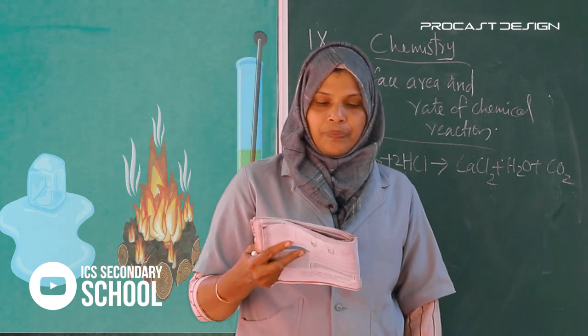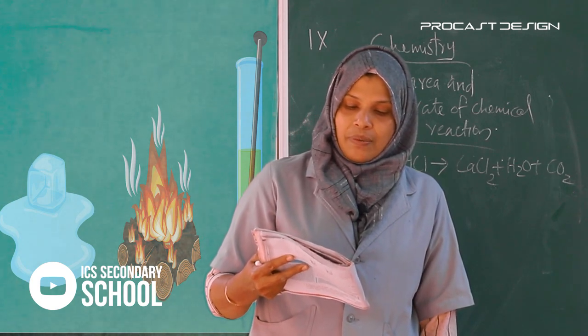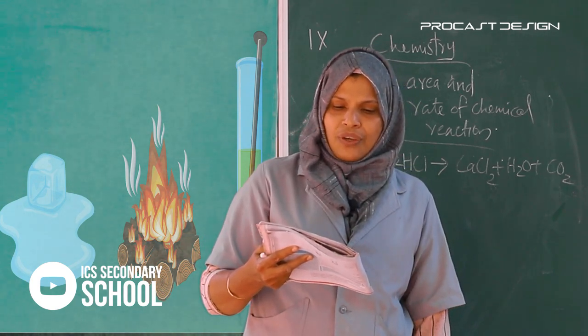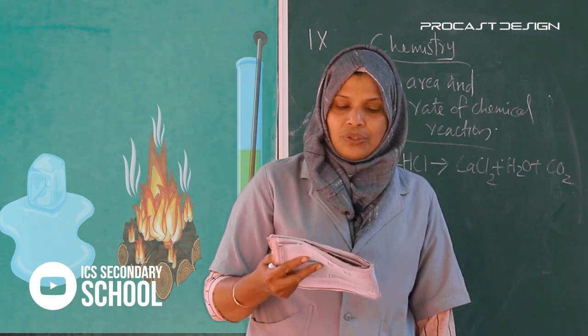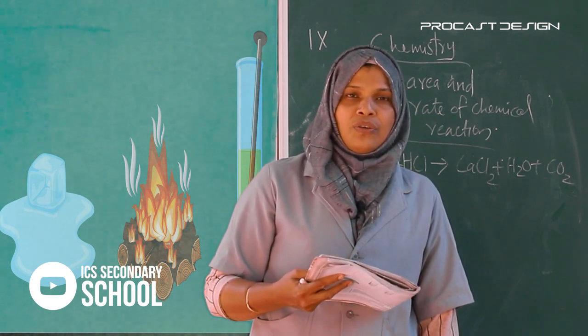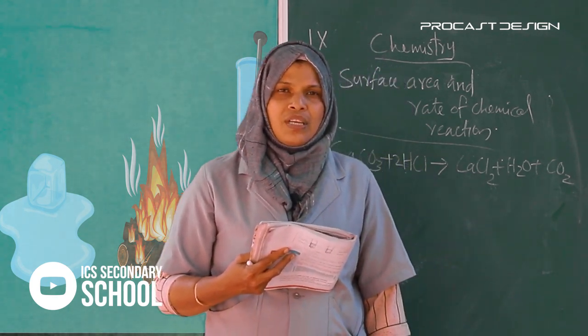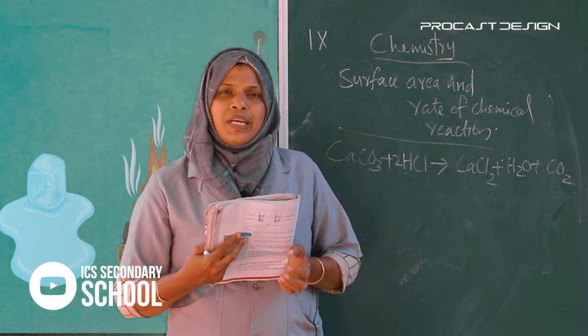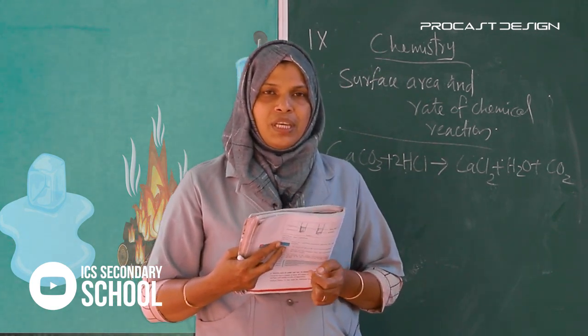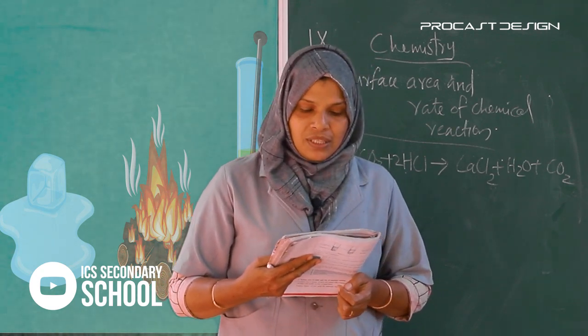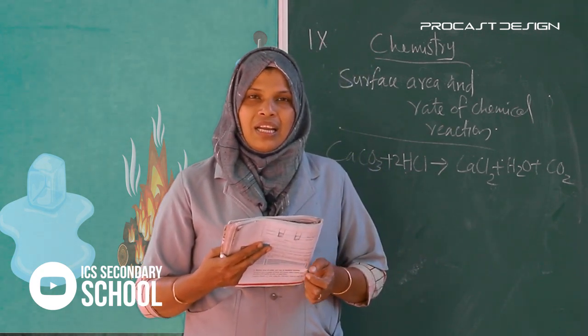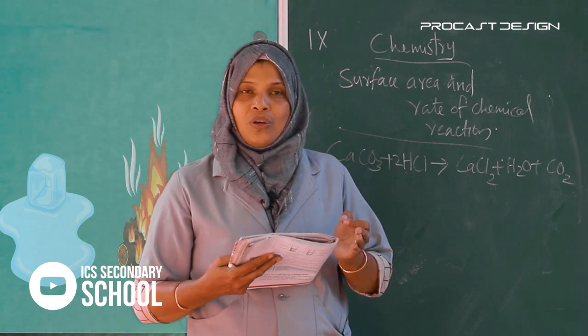Then next, what is your observation? Is there any difference in the rate of the reaction in the 2 beakers? In the first beaker the reaction rate is very slow compared to the second one.